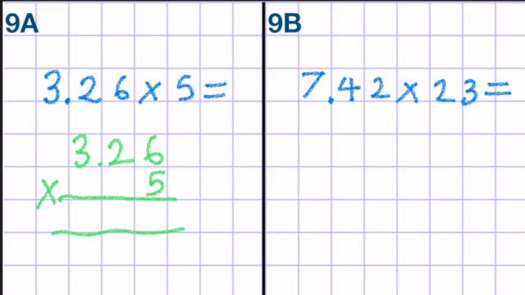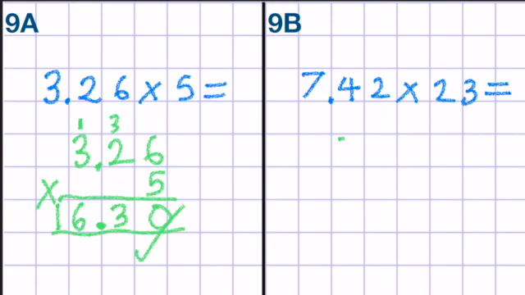We put our decimal point in the same place of the answer box. 5 times 6 is 30. 0 here, 3 here. 5 times 2 is 10 plus 3 is 13. 5 times 3 is 15 plus 1 is 16. I'm going to go through my answer again. 5 times 6, 30, 0, 3. 5 times 2, 10 plus 1, 13. Carry the 1. 5, yeah, great.